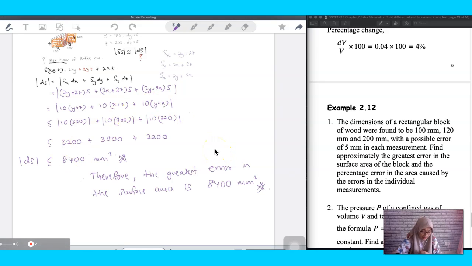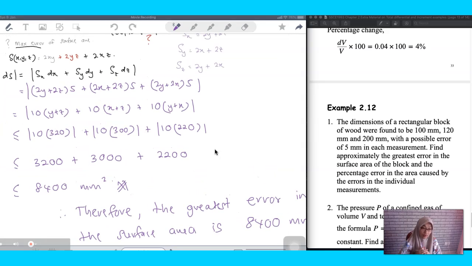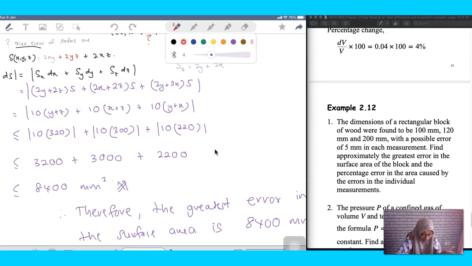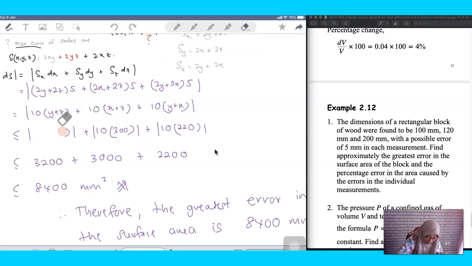Okay, so let's say now, when you do the calculation, your answer here, just as a quick example, gives you negative 10 times 20.